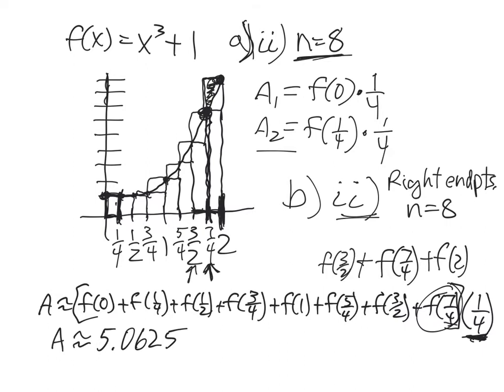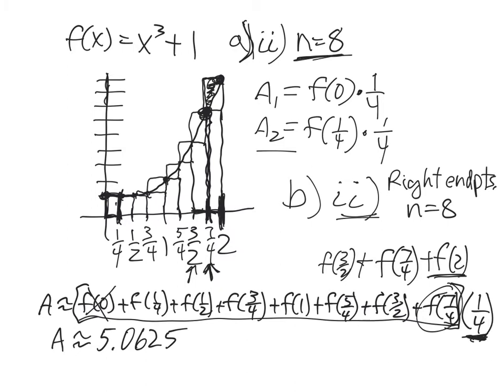do we use all of those from the left endpoints? Not quite. We'll use all of them except for what? We're not going to be using f of 0 when we're using right endpoints. We'll instead use f of 2, but everything else is the same.